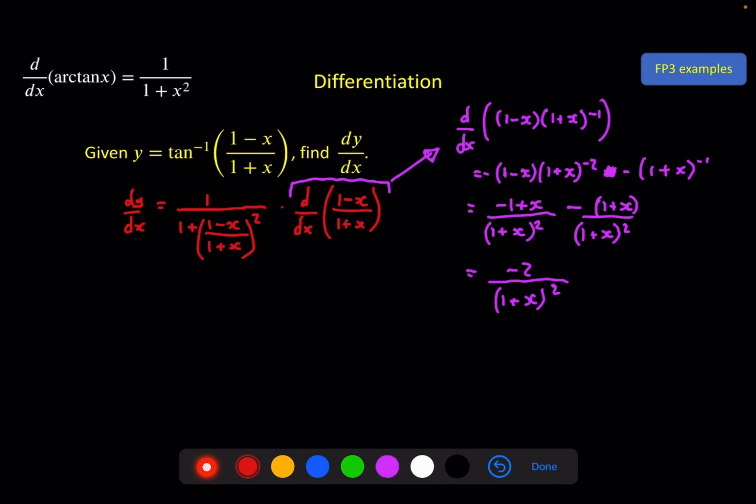So back into red, let me tidy this first bit up as well. If I multiply everything here by 1 plus x squared, then it'll come up on the top, it'll come up here, and it will go away here. 1 plus x squared over 1 plus x squared plus 1 minus x, and that is still squared, times by the derivative of this, which we've got in purple, minus 2 over 1 plus x squared.